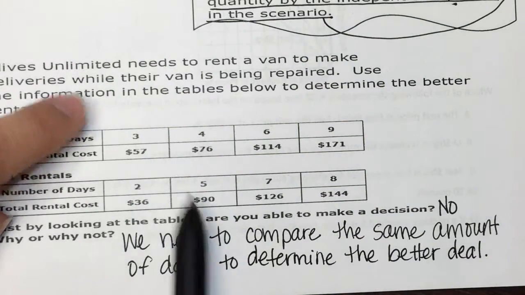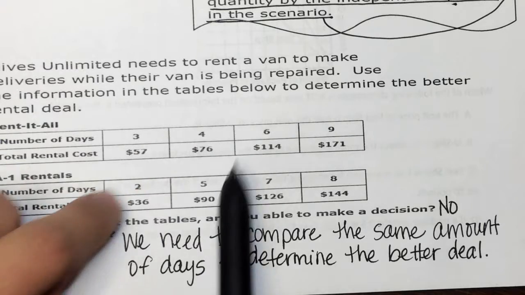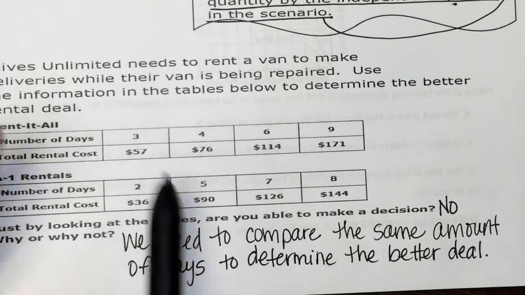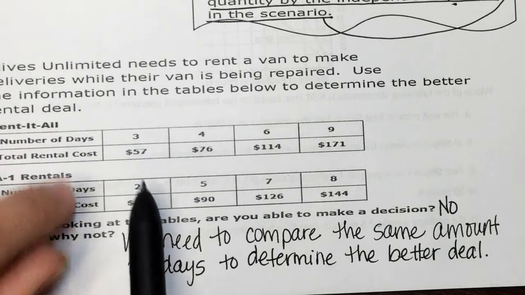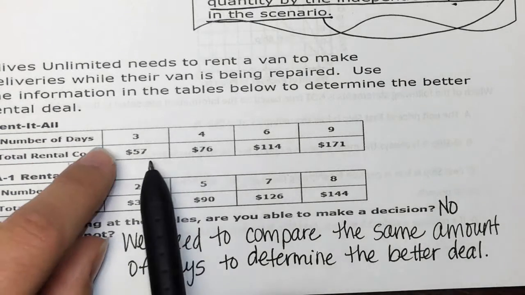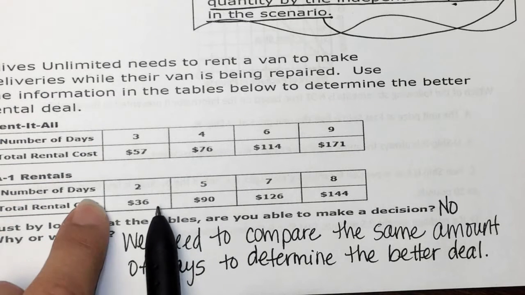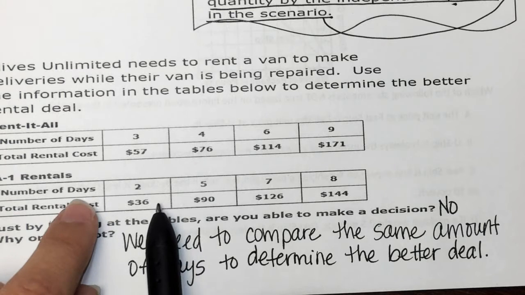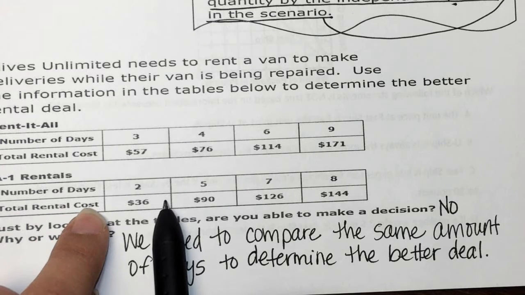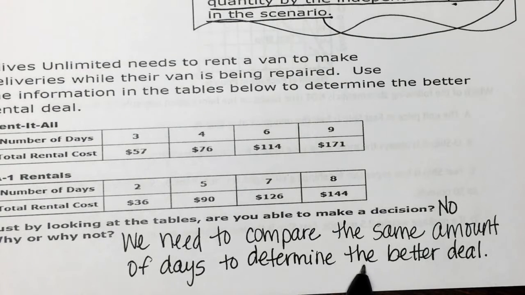What I'm saying is we need to be able to compare 3 days to 3 days or 4 days to 4 days. None of these numbers are the same. Or we could compare 1 day to 1 day. Is it possible for us to figure out how much it would cost for 1 day at this store? Yes, it is. And that's what we're about to do. So make sure that you have this down. Y'all, we need to be able to compare the same amount of days to the same amount of days in order to determine the better deal.